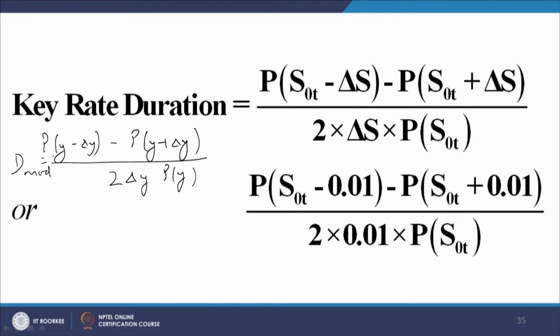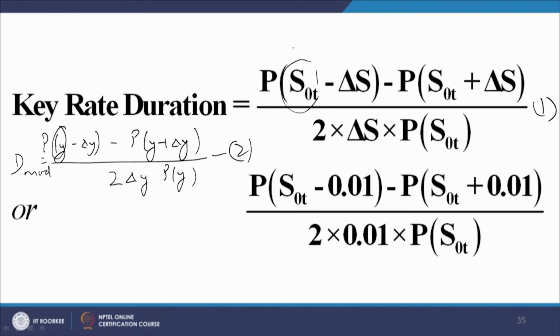You can see a complete one-to-one correspondence between this formula, let us call it formula 1, and this formula, let us call it formula 2. The only thing is, instead of the YTM y, we are using a specific spot rate S0t with respect to which we are calculating the key rate duration.